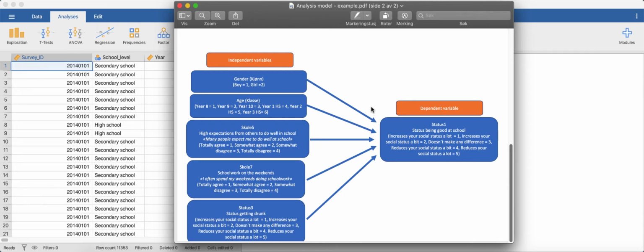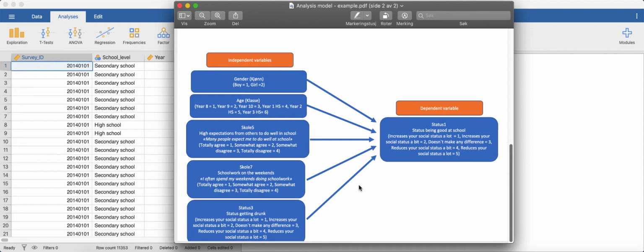You should at least have a note where you put the short names. I have the short names for gender and age here, which is kjønn and klasse, and then I have the short names skole 5 and skole 7, where skole 7 is high expectations from others to do well in schoolwork on the weekends, and status 3 is the status of getting drunk, and my dependent variable is status 1, with this status being good at school.